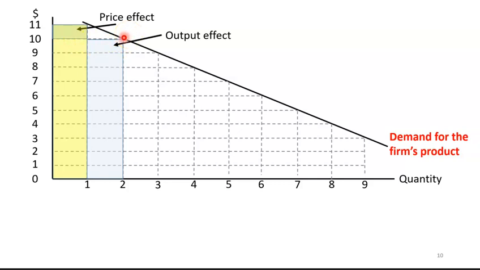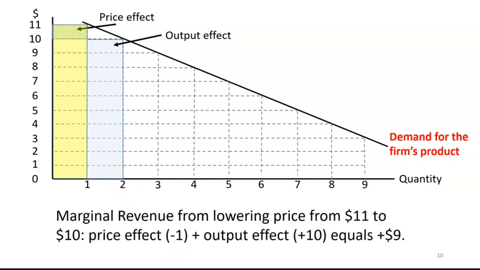But, of course, as we sell an extra unit for $10, that helps to increase our revenues, in this case by $10, as shown by this light blue rectangle. So if we put those two together, the price effect of -1, the output effect of +10, we have our marginal revenue of $9.